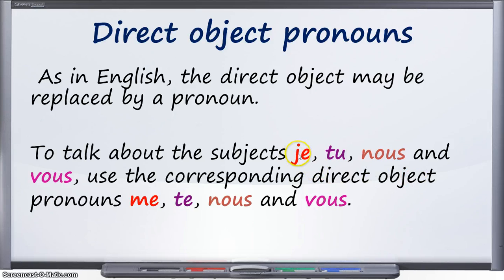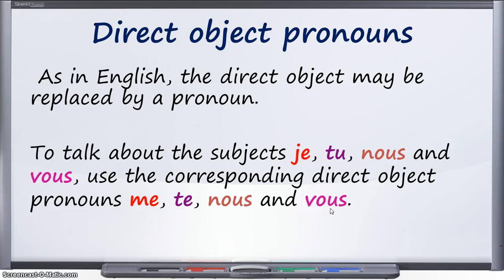Here I actually have the color code. So me will correspond to the subject je. The pronoun te will correspond to the subject tu, and then the pronoun nous will correspond to the subject nous, and vous will correspond to the subject vous. So it's really important that you understand that.